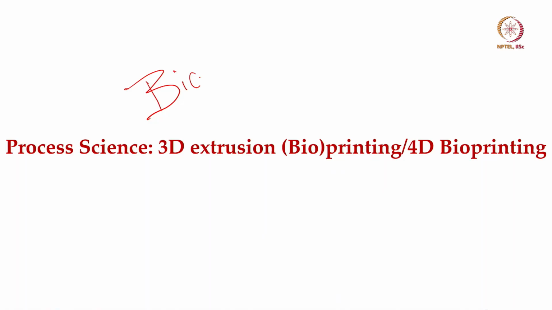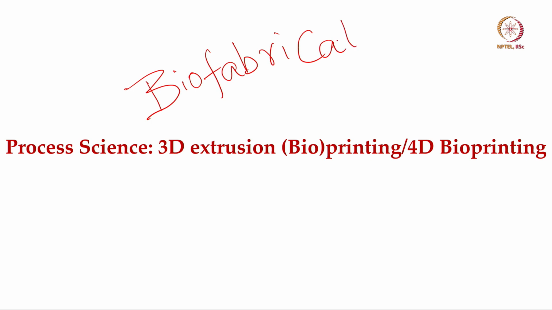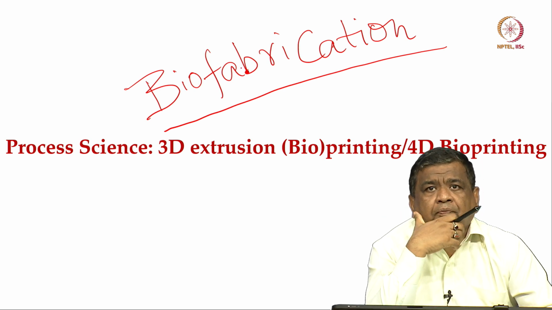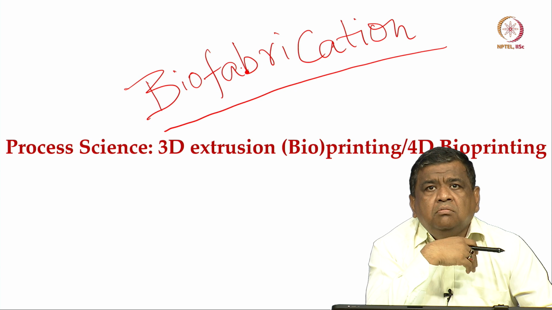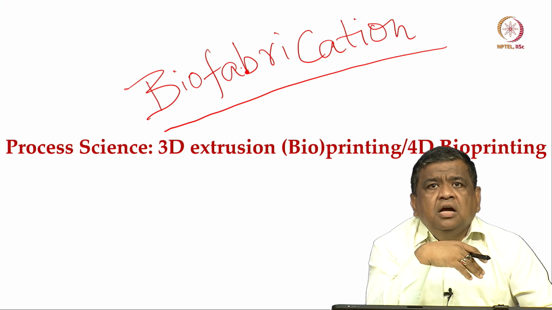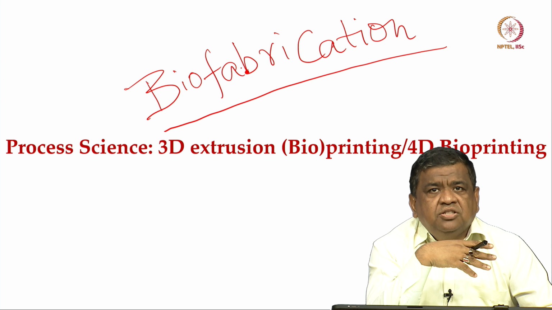This 3D printing and 3D bioprinting, although it is being covered under this additive manufacturing course, these topics are also covered in other courses named as biofabrication course. So, biofabrication essentially means layer by layer manufacturing of materials containing the key components of the biological systems.